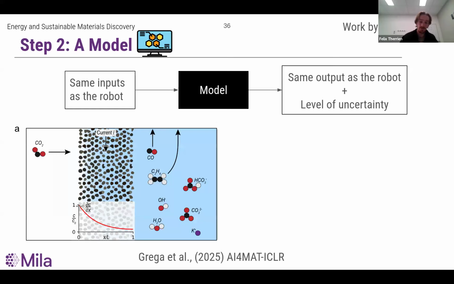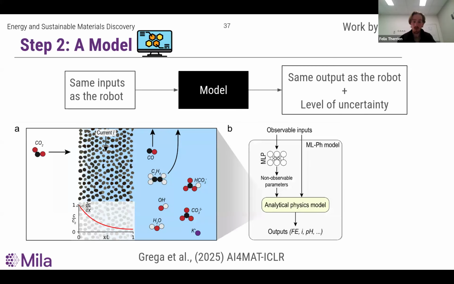So it takes in a full description of the system, including the thickness of each layer and the size of the particles and the reaction rates, which are all things that we don't necessarily know, especially for each of the experiments. So to go around this problem, we have a machine learning model that takes in the inputs of the robot and then converts that into the inputs of the physics model.